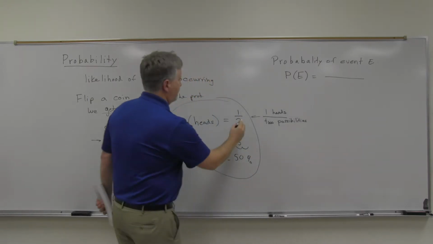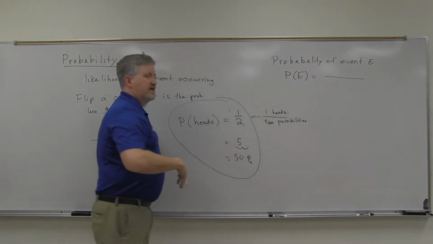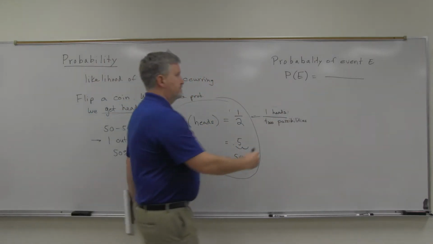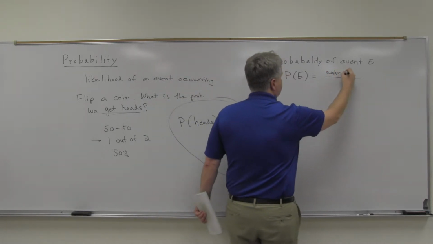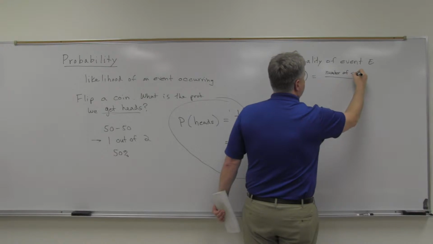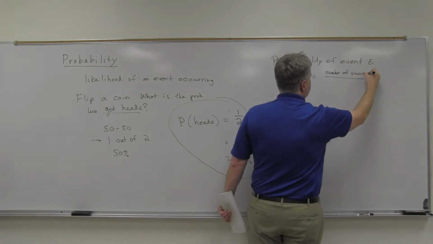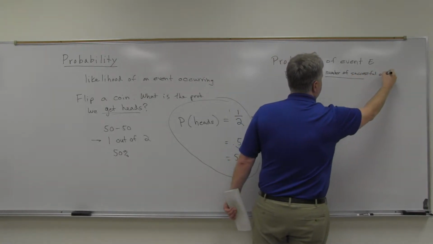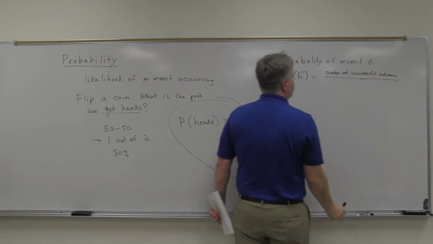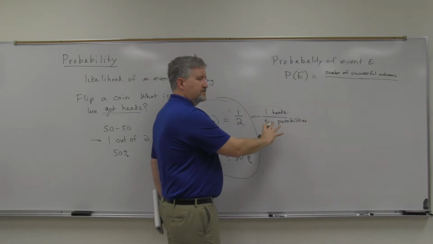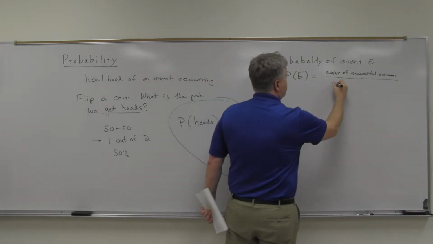Probability of E equals, all right, so it's a fraction. So what goes on top? Well, in this case we had 1 heads. That was the successful outcomes. So the top here is the number of successful outcomes, successful with regard to event E. And then the bottom number is just the total number of possibilities.